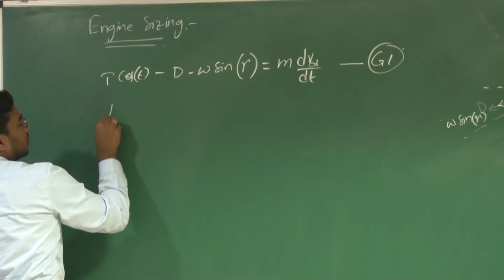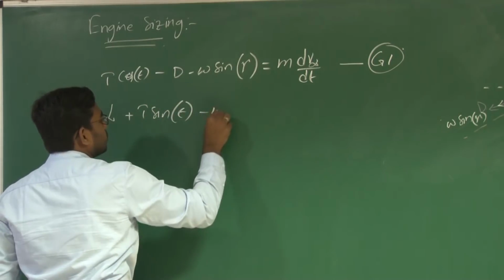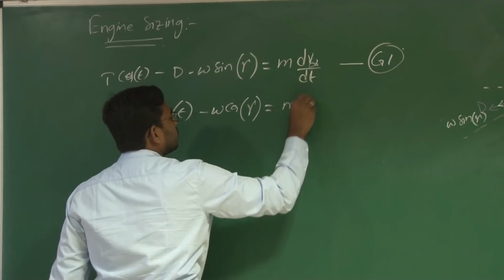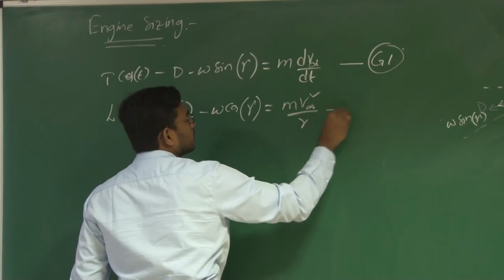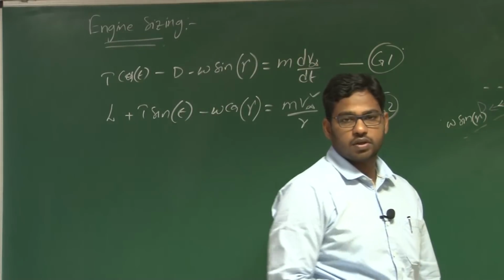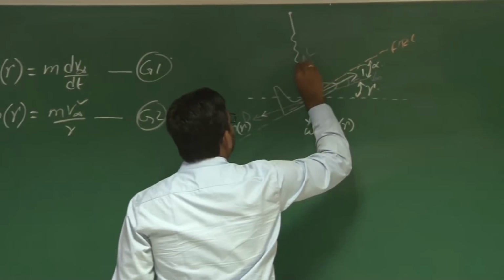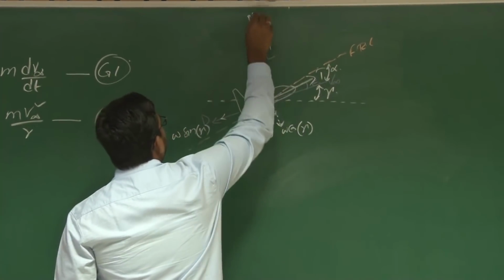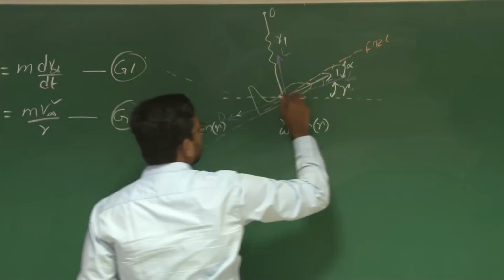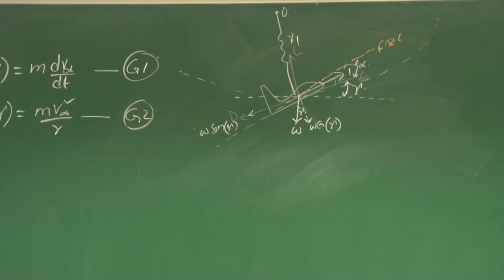The other equation is L plus T sin epsilon minus W cos gamma is equal to m V infinity square by r, where r is the corresponding radius of turn, right. These are the equations of motion in the vertical plane. Say this aircraft is performing a loop in this vertical plane, right.